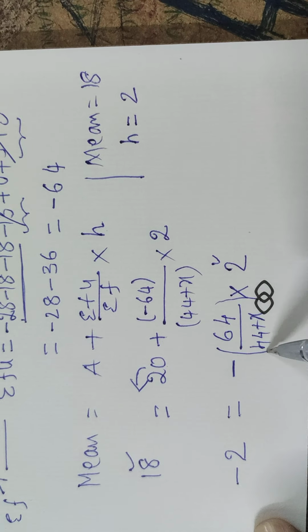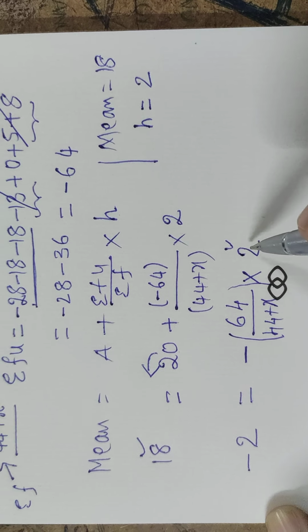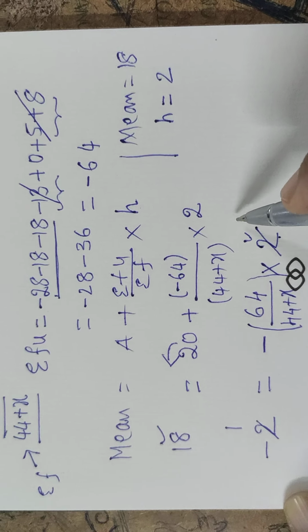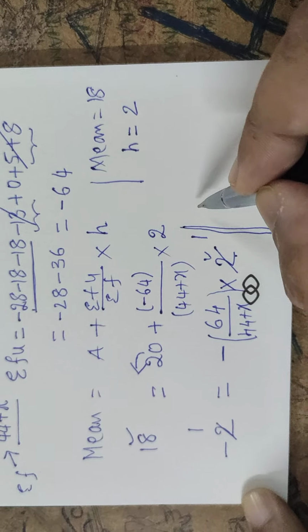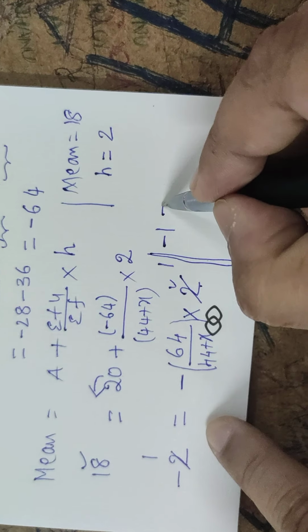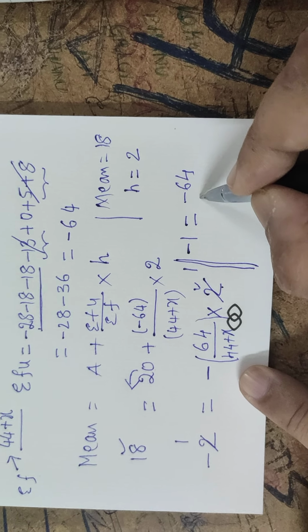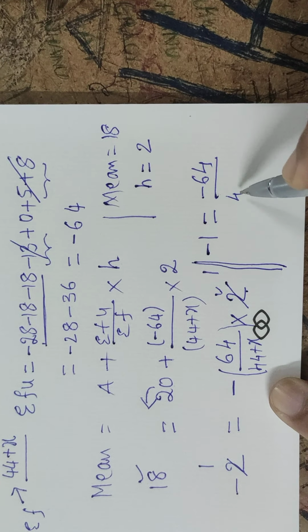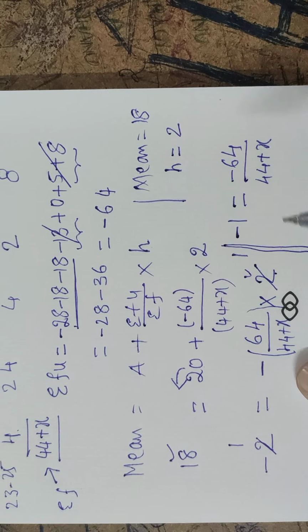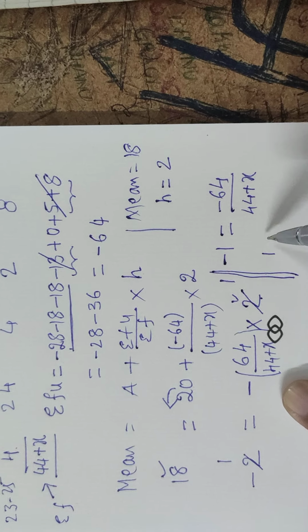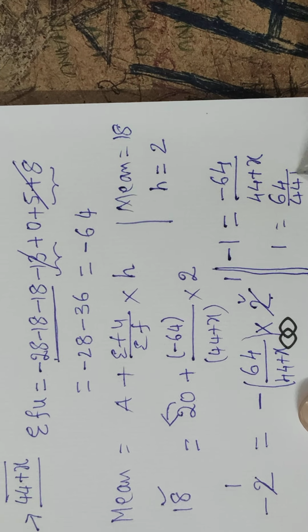If I send it to that side, it will divide, so 2 by 2 will be cancelled, 1, 1. Now you are left with minus 1 equal to minus 64 by 44 plus x. Both sides have minus. Multiply with minus 1, it will become plus. So 1 is equal to 64 by 44 plus x.